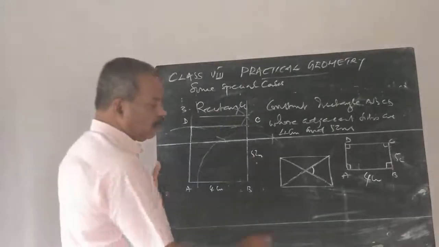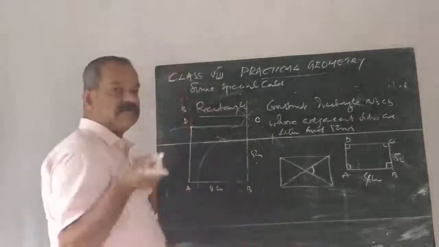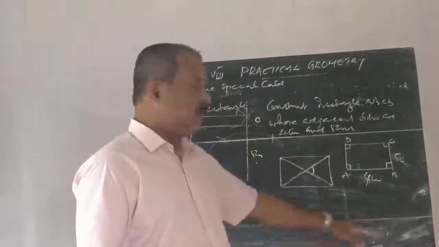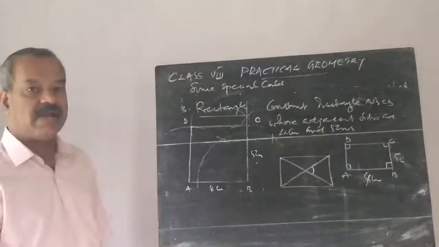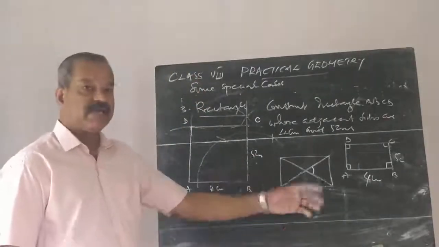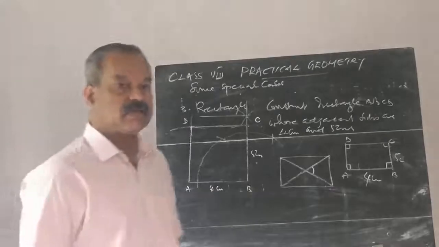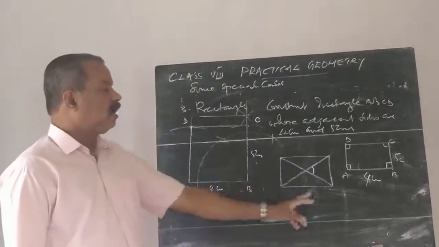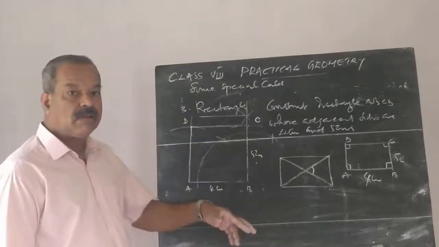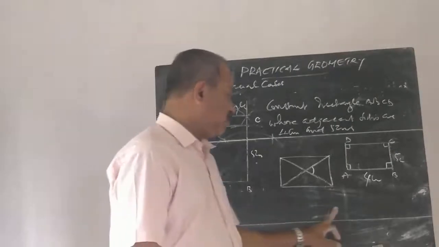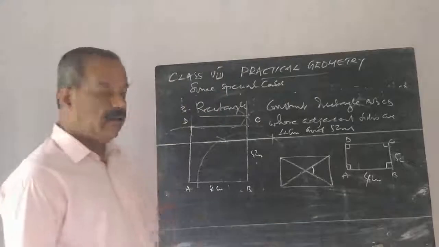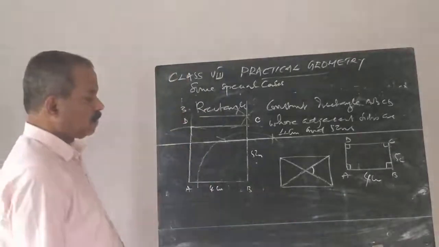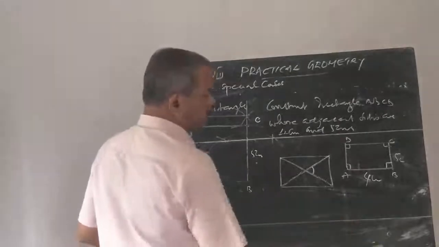And if one side and one angle of a rhombus are given, we can construct it. That is, to construct a rhombus we require 2 measures, either the lengths of the diagonals or one side and an angle, one side and adjacent angle, an angle with that vertex.